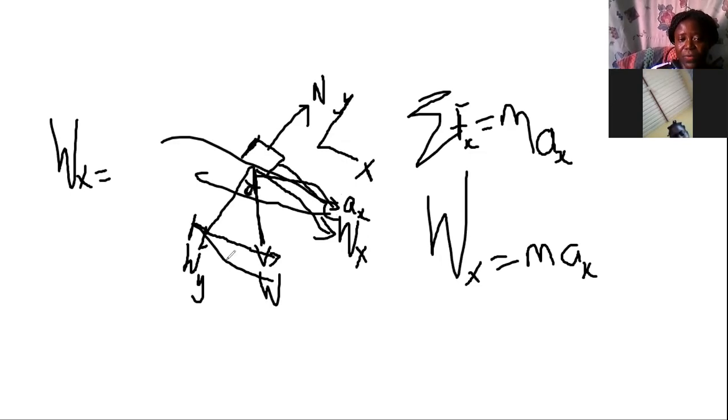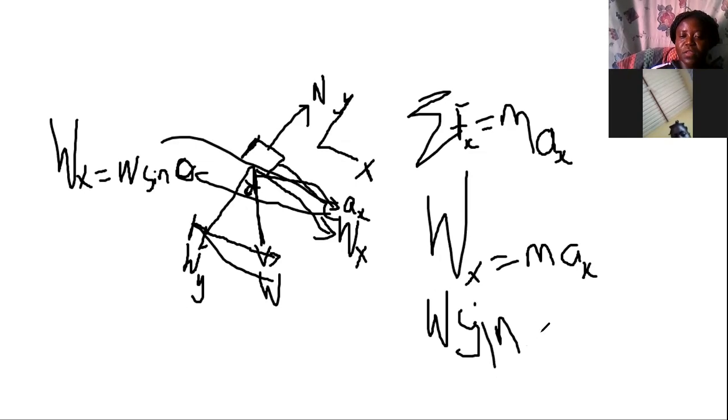If this is our W, then we have W times sine theta. So we have that our Wx is equal to W times sine theta, equal to the mass times the acceleration in the x component.